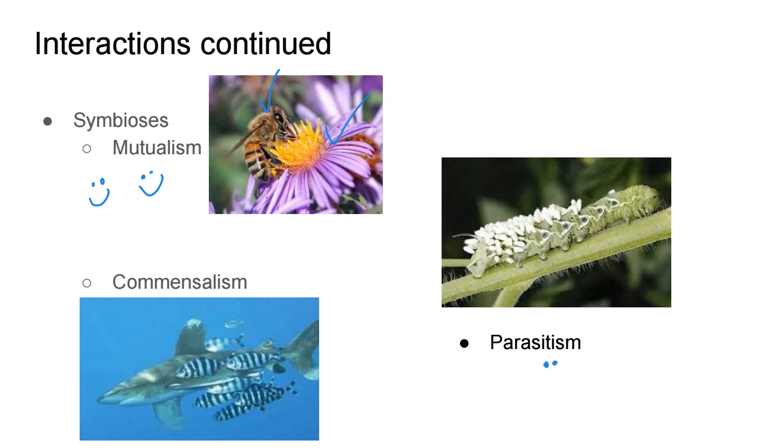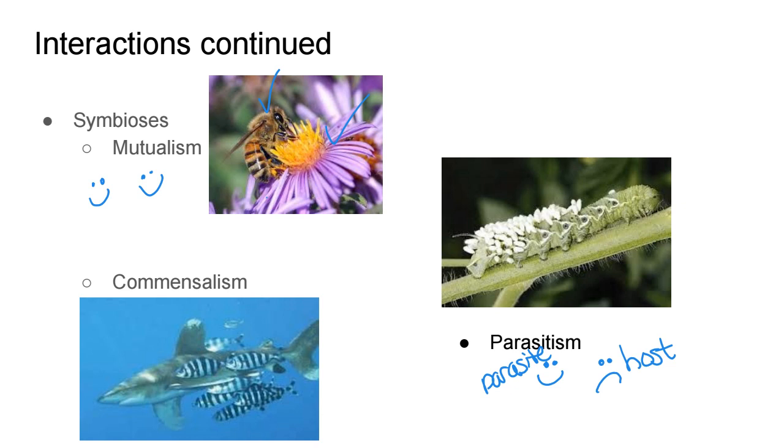In parasitism, one organism is happy and one is sad. Remember, it's not getting eaten, it's not getting consumed. That is definitely a difference between parasitism and predation. In predation, the one organism is eating and consuming the other one. The parasite, which is the one that's doing the harming, so it's getting the benefit, may eventually kill its host, but that's not its goal because then it has to go find a new host, right?